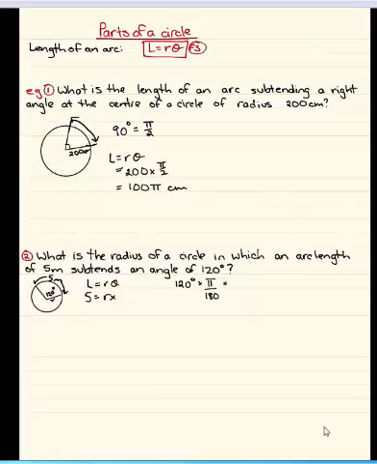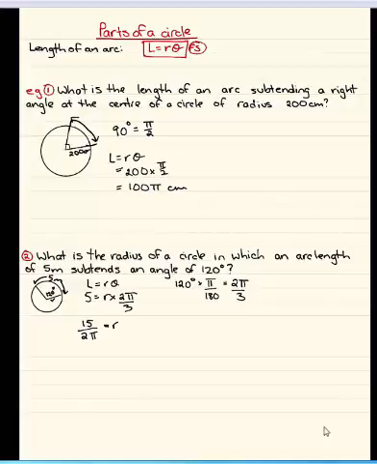So that's going to end up with, when you cancel it out, 2 pi over 3. So an angle of 120 degrees is 2 pi over 3 radians. So that's what I need to substitute in over here. So then to work out r, you're just going to divide by 2 pi on 3. So 5 divided by 2 pi on 3, you end up with 15 over 2 pi is equal to the radius. Okay?